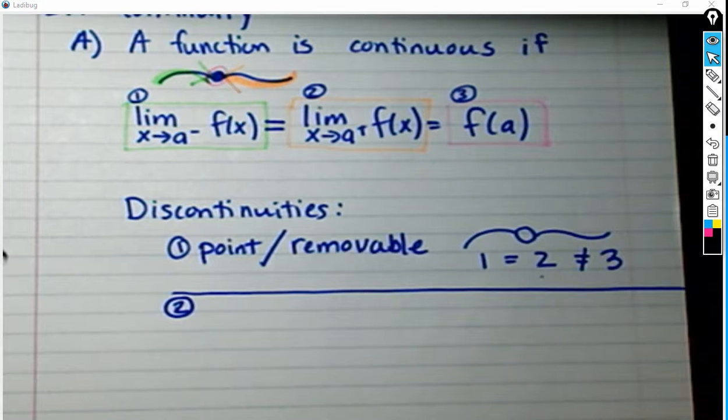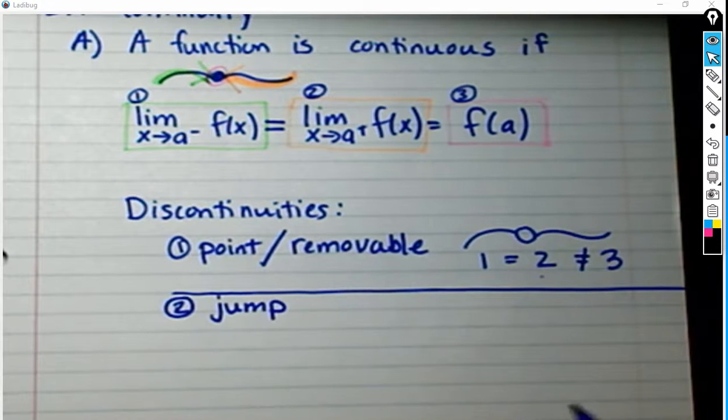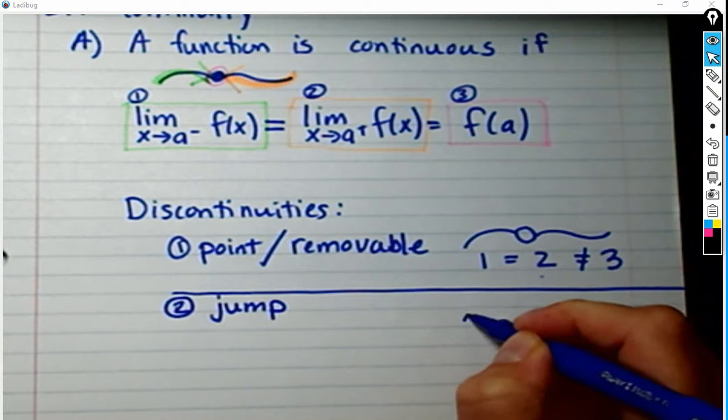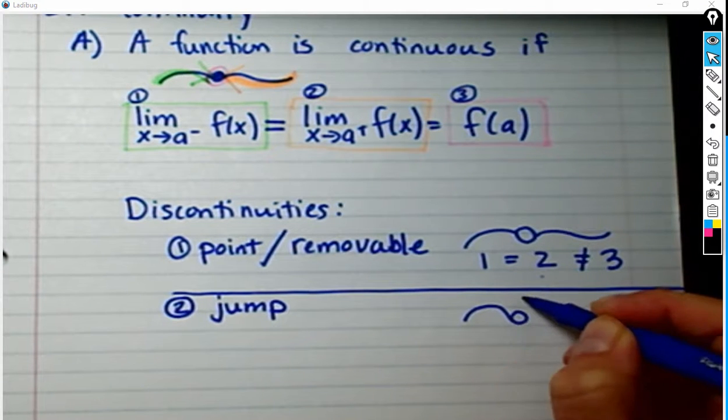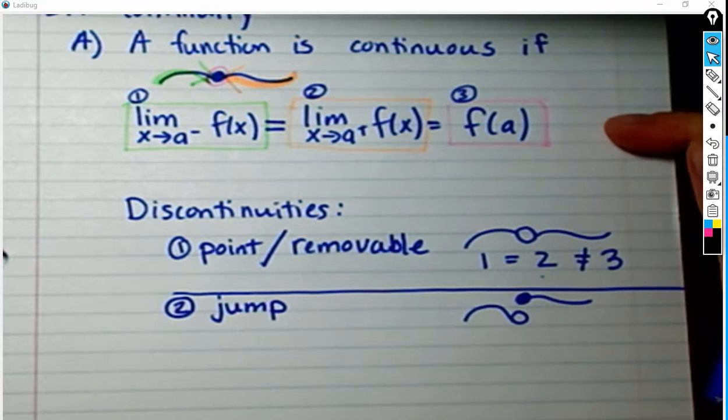The second type of discontinuity is a jump. Okay, so I'm just going to draw what a jump looks like. And I'm using the picture to help me understand what's happening with the limit statements.